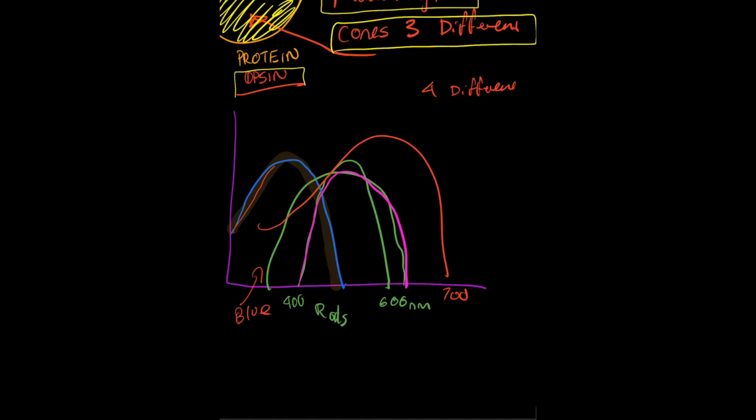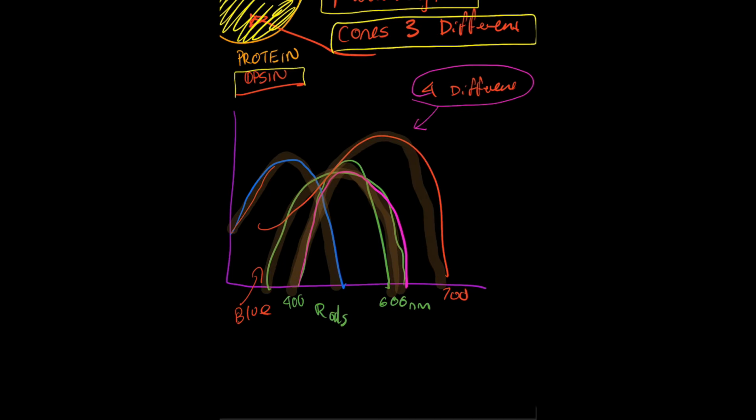You'll have green cones that can detect this. You'll also have rods that stay in this medium area. But then you'll also have red cones that can detect light in between this range. And because of that, you have 4 different sorts of wavelengths that allow us to detect different degrees of color.